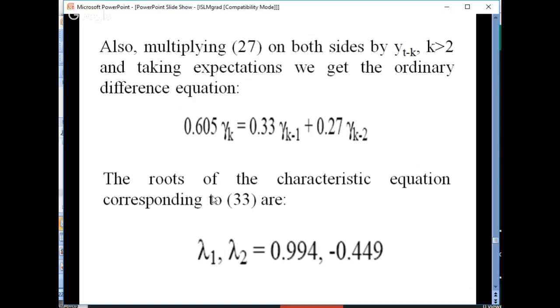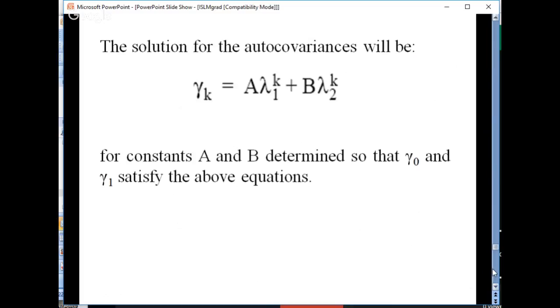So the roots of the characteristic equation corresponding to this are as follows. We got 0.994 for lambda 1 and negative 0.449 for lambda 2.